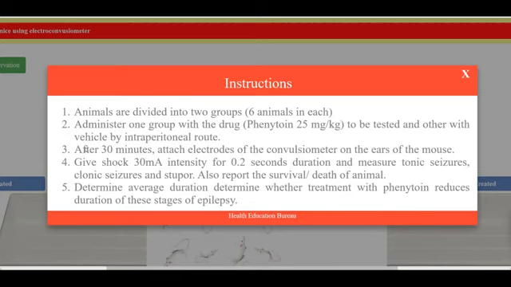Measure the tonic seizures, clonic seizures and stupor, and also report the survival or death of the animal. We also need to determine the average duration to determine whether treatment with PHENYTOIN reduces the duration of the stages of epilepsy. With the help of these instructions we can start the experiment.